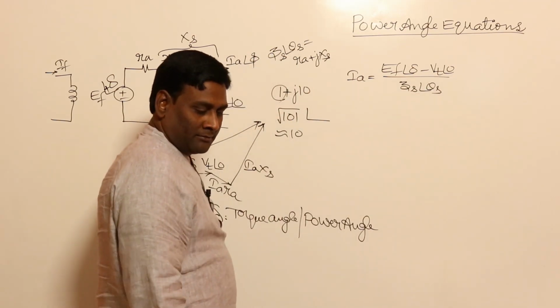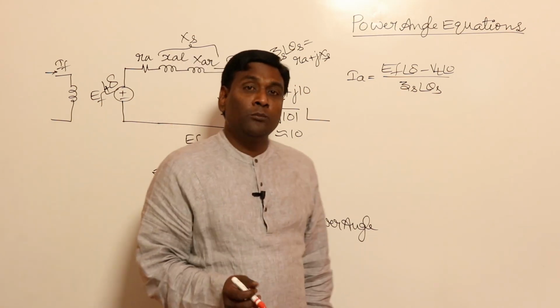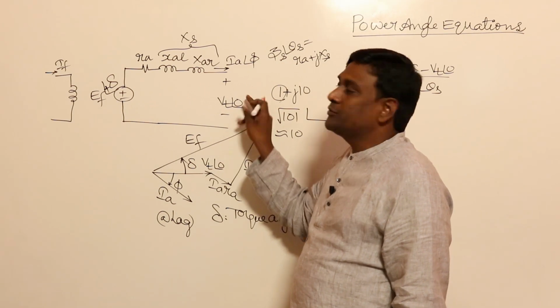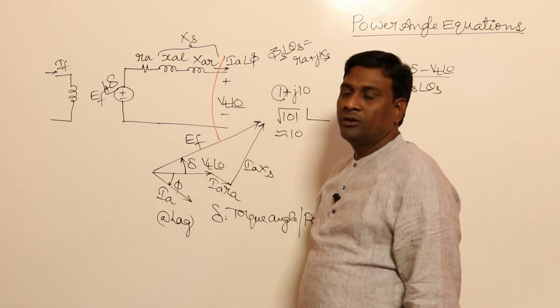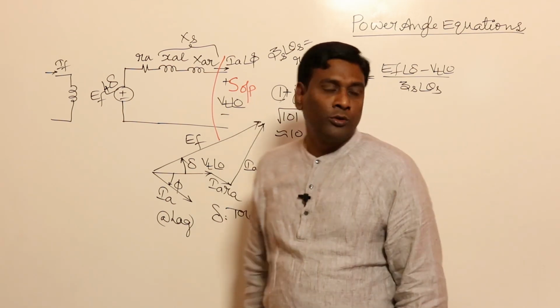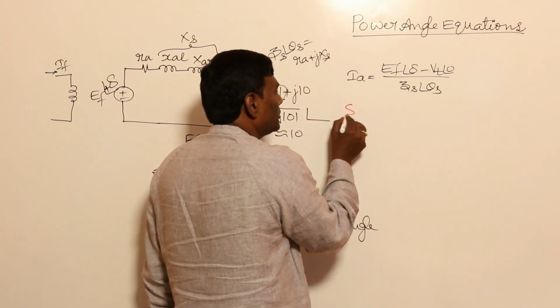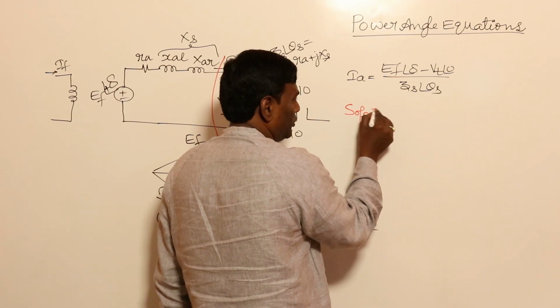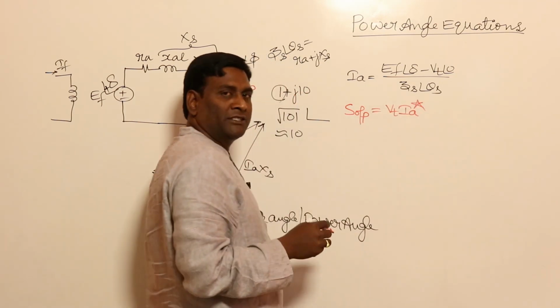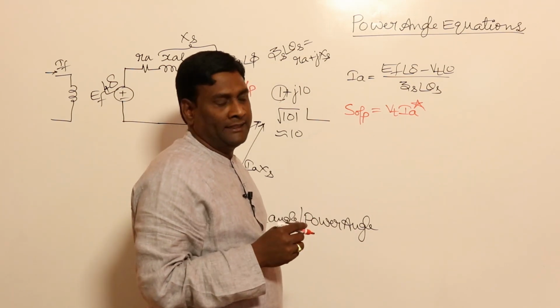Now in an alternator, what is more important is not the inside power, but how much power is coming out of the terminals. Let me consider that as S output. S output is going to be VT IA complex conjugate, in P plus jQ format, if it is lagging.